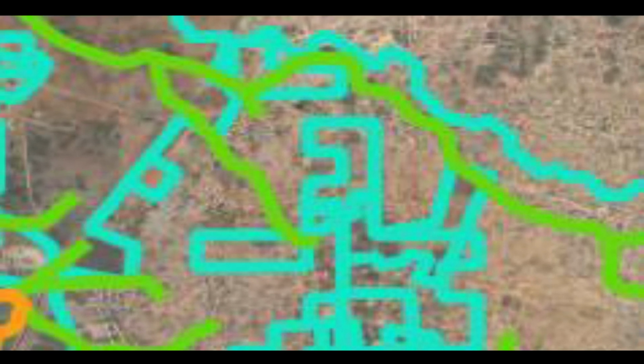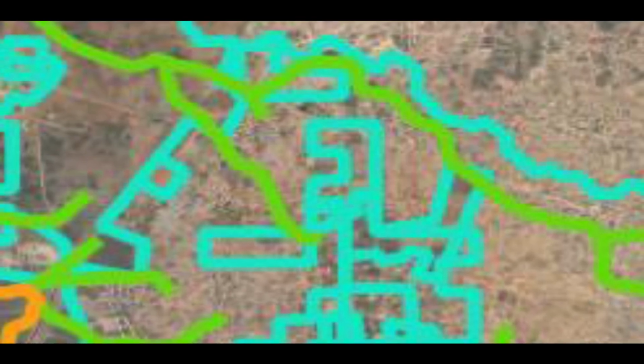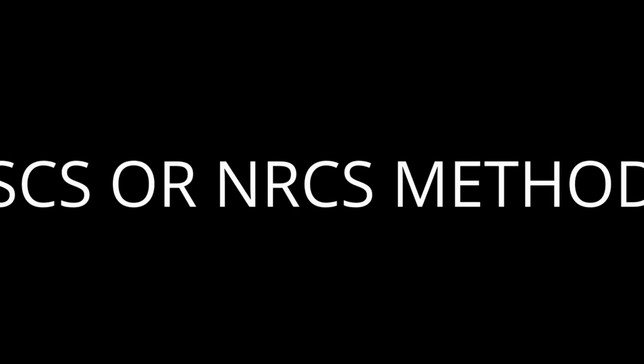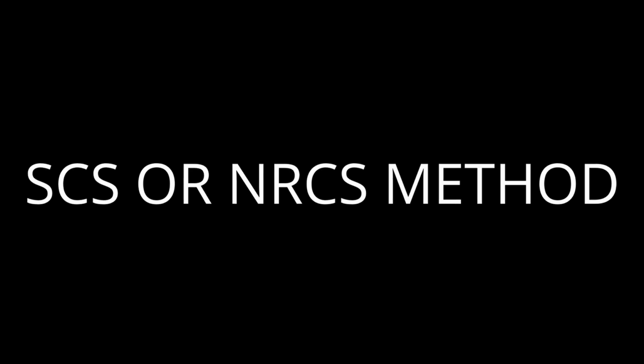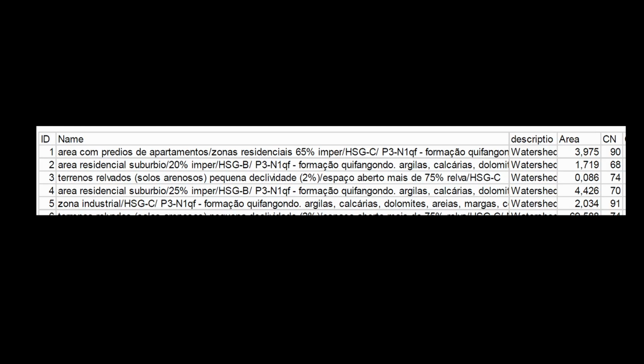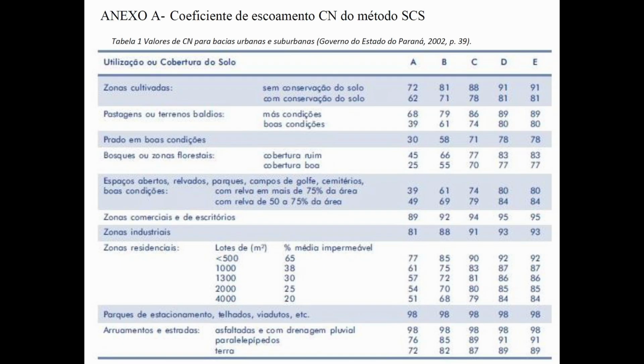Then by exporting this data, we can associate each area ID with its corresponding curve number, or CN number, according to the SCS method, or Soil Conservation Service, now called USDA NRCS, meaning the US Department of Agriculture Natural Resources Conservation Service. So after exporting this table from QGIS, we can associate each area ID with its CN or curve number coefficient according to the SCS method.